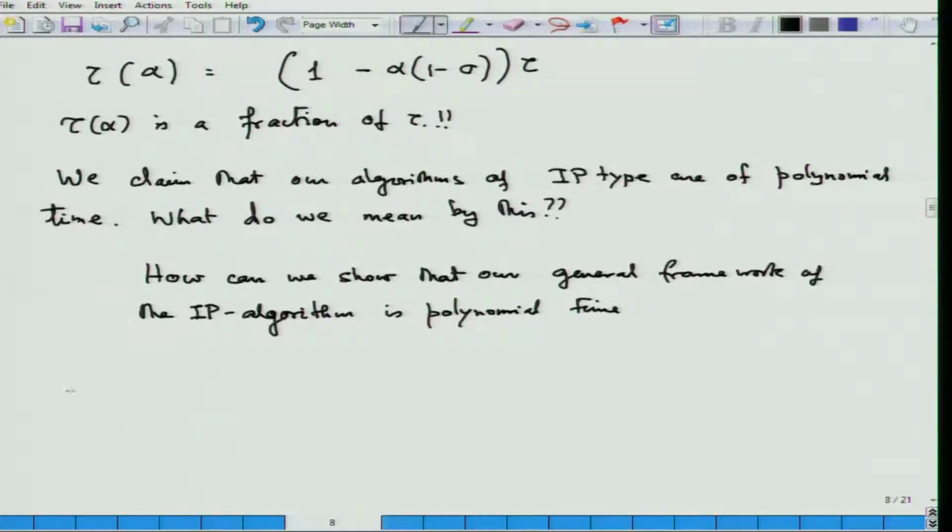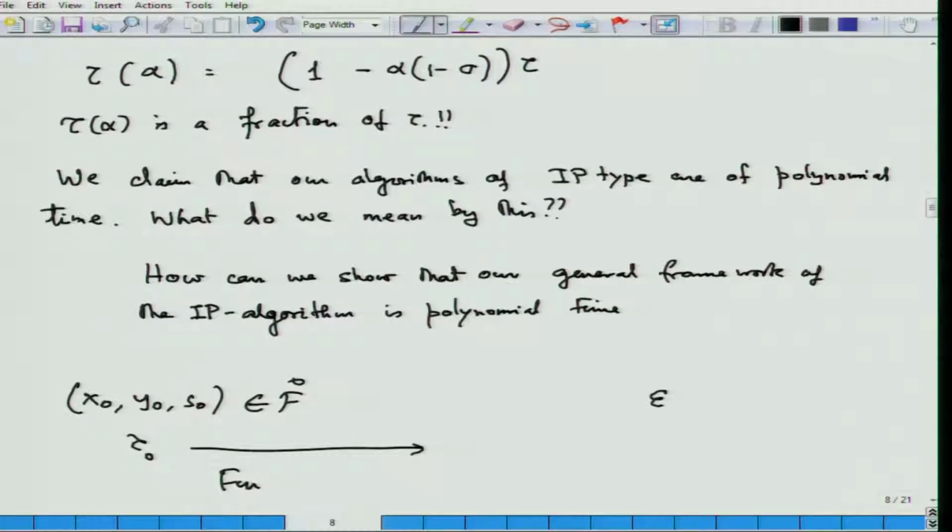Basically, the idea is this: you have a fixed x naught, y naught, s naught, and that you have fixed in f naught, and now you start the algorithm. You start with tau naught and you are now pushing the tau naught towards 0. Now, epsilon is your precision parameter.